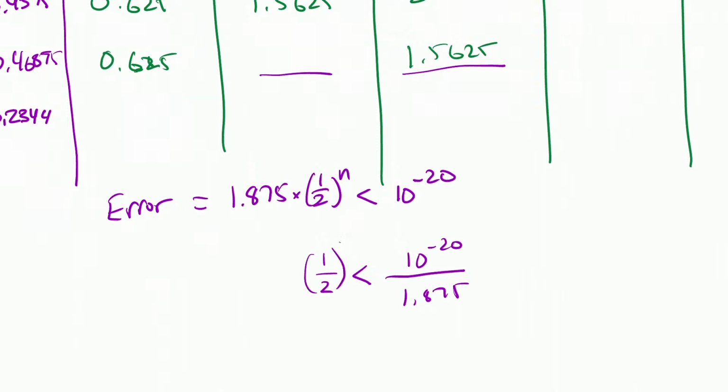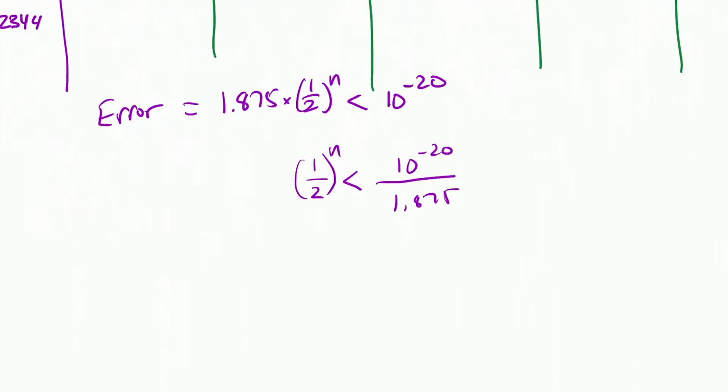I don't like the fractions the way they are. So I'm going to flip this thing over: 2 to the n. And since I just reciprocated, I have to do it this way: 1.875 times 10 to the 20th. There, that looks a lot better to me.